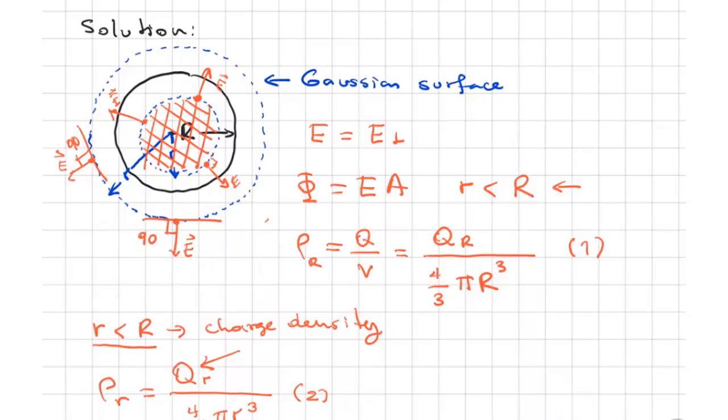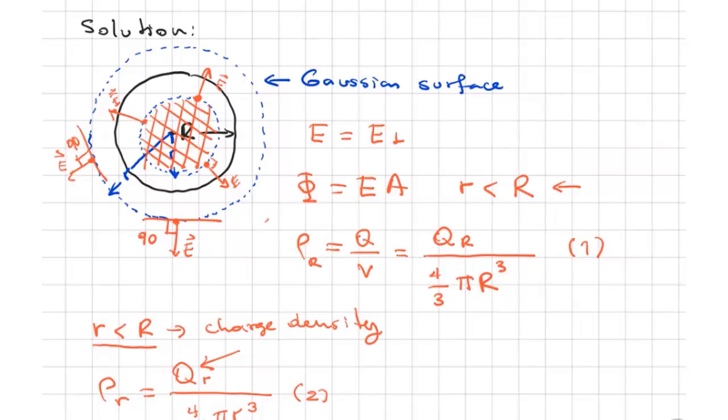Okay, there is another thing that we have to know here. Because the sphere is charged uniformly, the density is the same at every point inside the sphere.